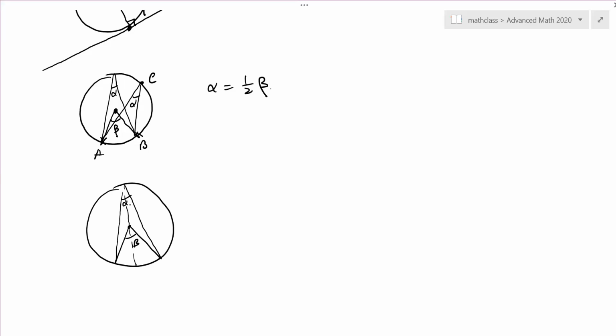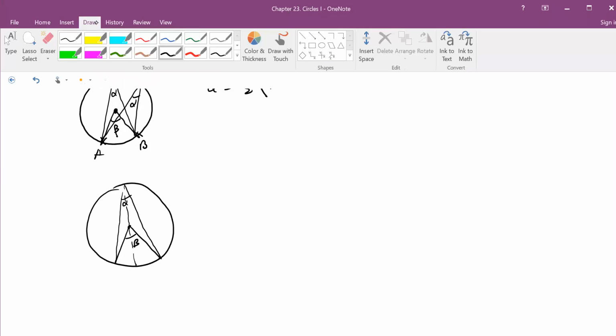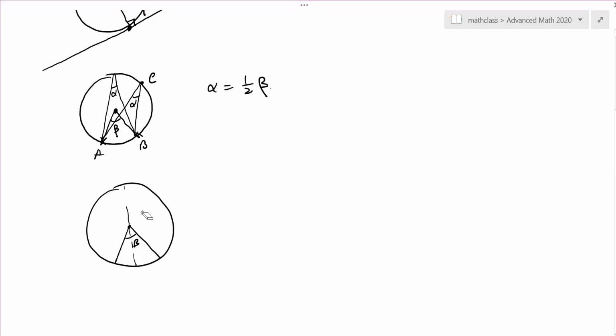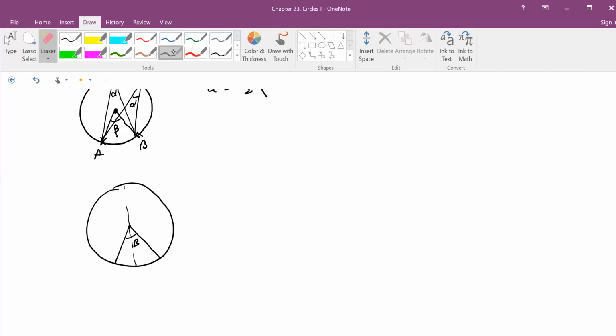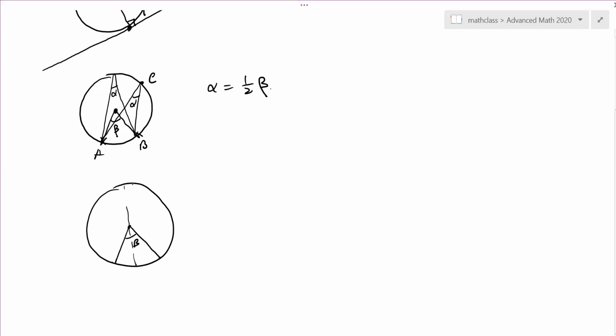Now you can change the location a little bit, so we can do that in the general case. How do we prove that? You can draw the line like this.